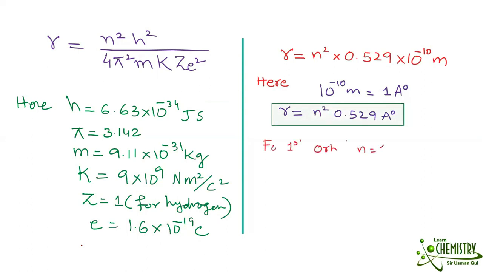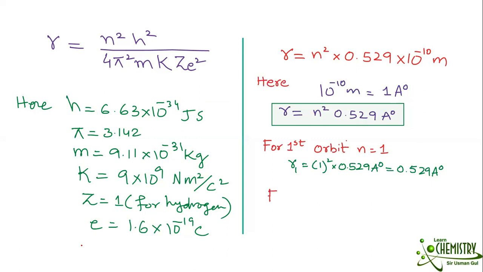Now suppose we want to calculate the radius of the first orbit. For the first orbit, n equals 1. We just put the value of n and we get the radius. So r1 equals 1 square into 0.529 angstrom, which after simplification is 0.529 angstrom.